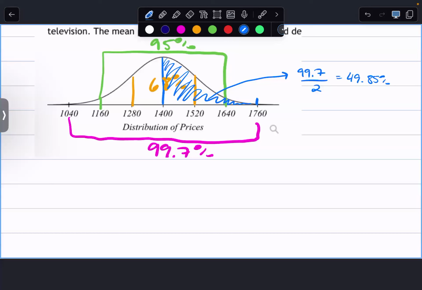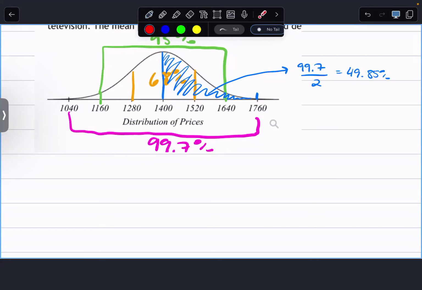How could you check your work? Well, you know the total area under the curve is 1, right? And so you would expect it to be close to 50%, but not quite 50%, because it's symmetric about the mean.